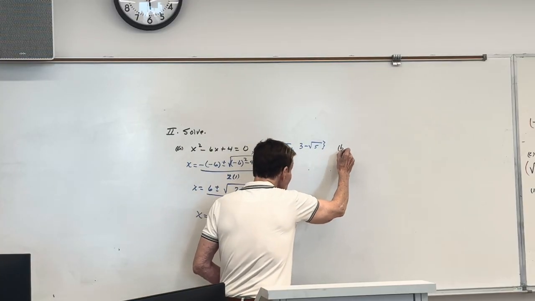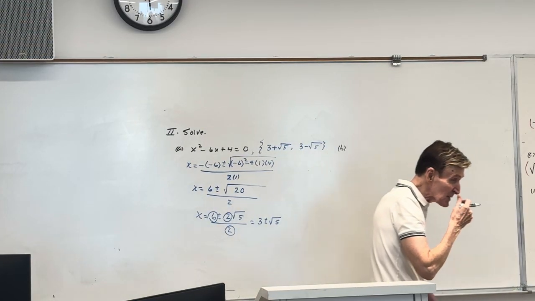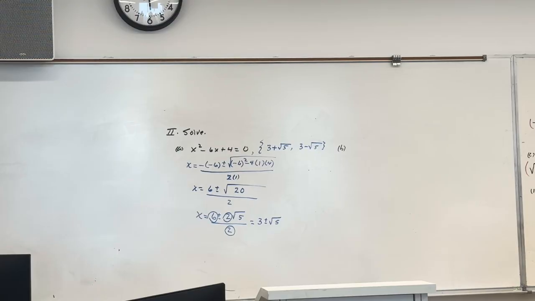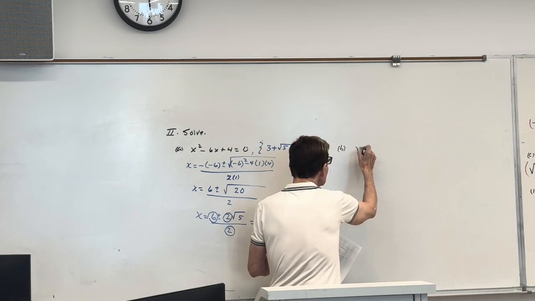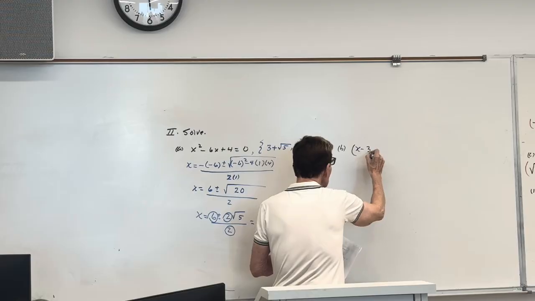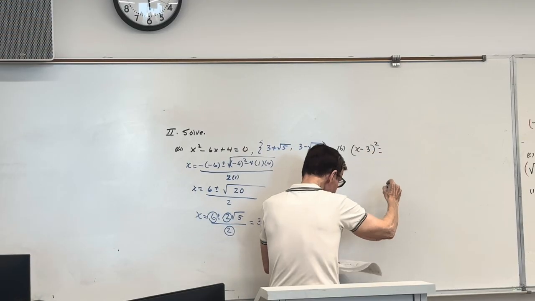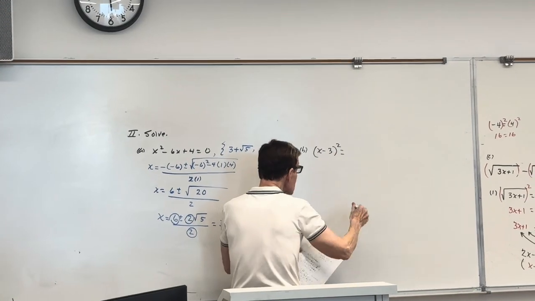Now part B, I'll take you to some place we have not gone yet. Now, I will ask you to help me. Now solve this: x minus 3 squared is equal to 5.